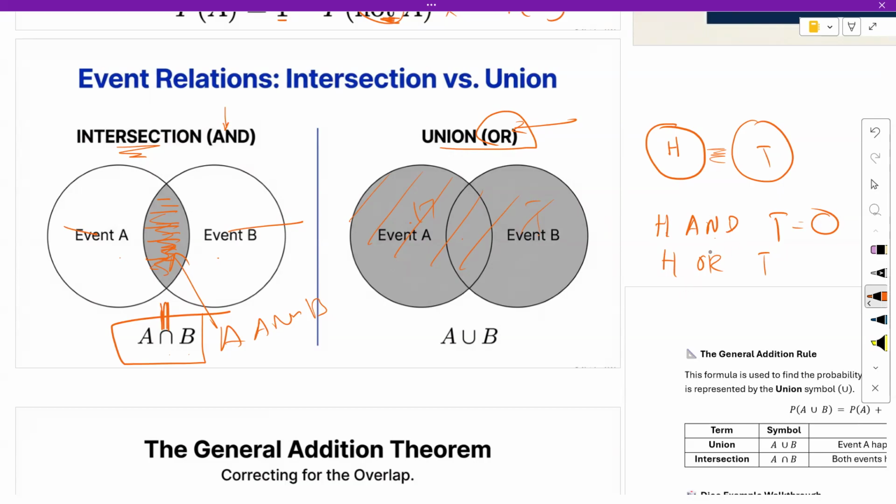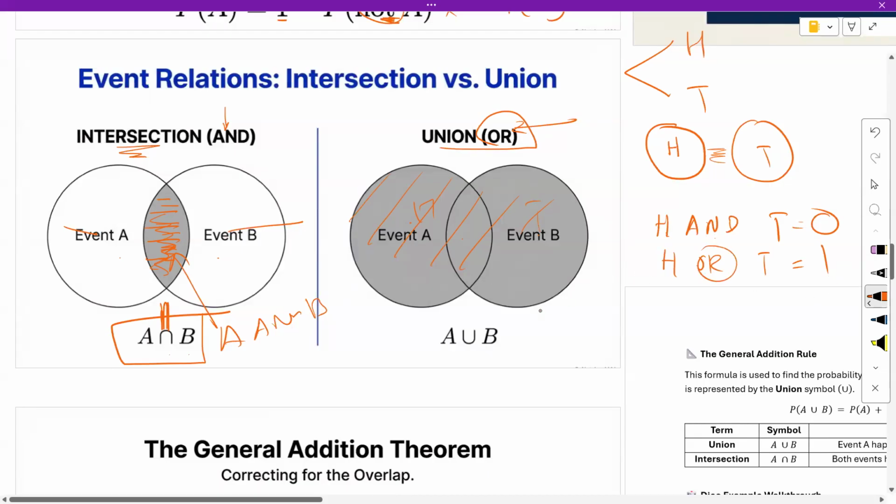So only two outcomes, head or tail, when you toss a coin once. What's the probability of getting head or tail? It's 1. It's union.